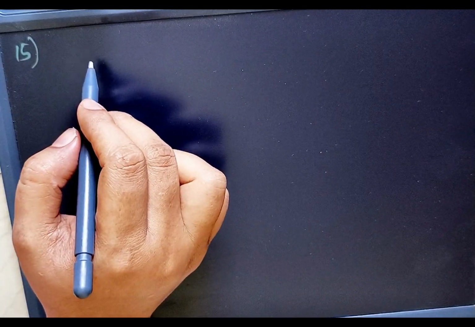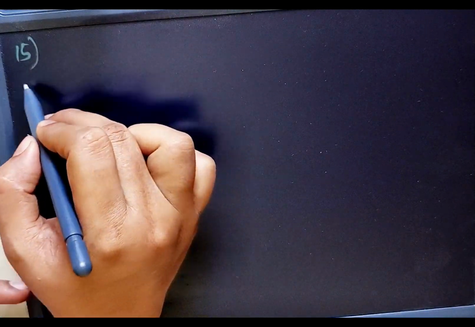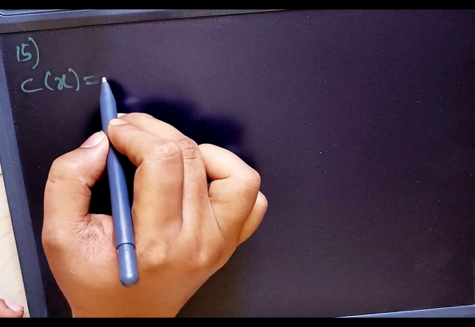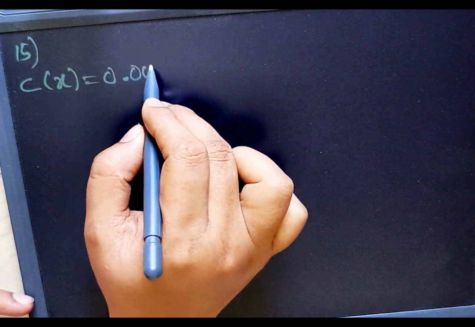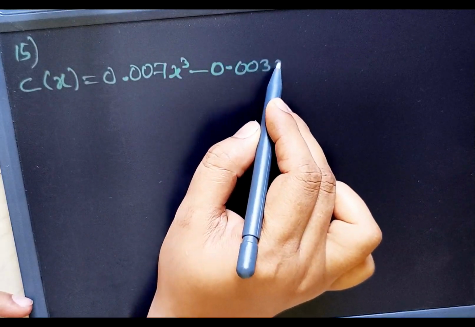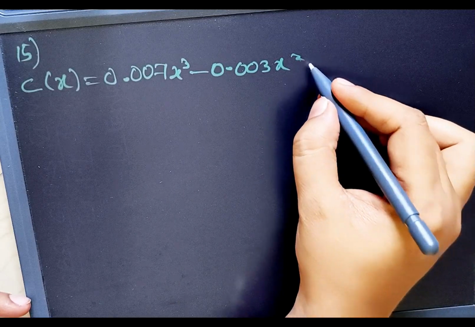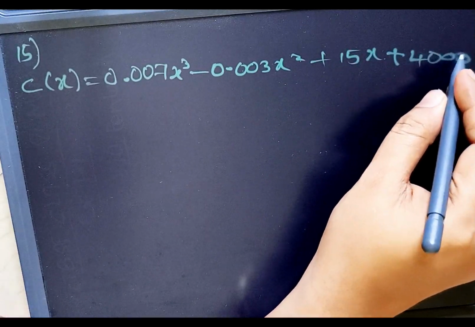Question number 15. The total cost C(x) in rupees associated with the production of x units of an item is given by C(x) equals 0.007x³ minus 0.003x² plus 15x plus 4,000.